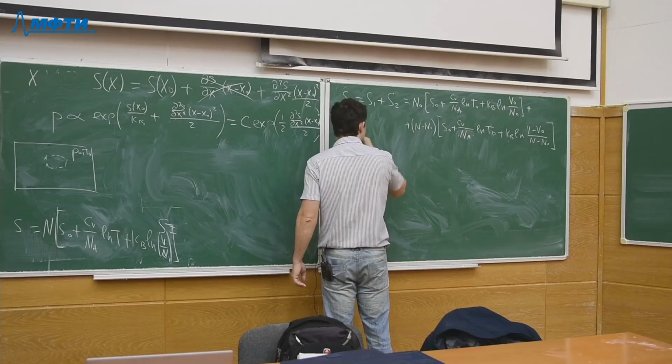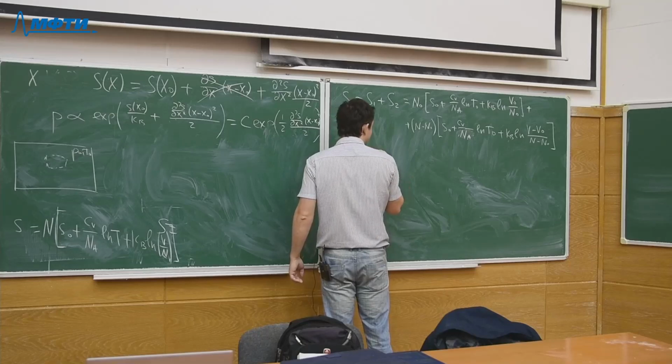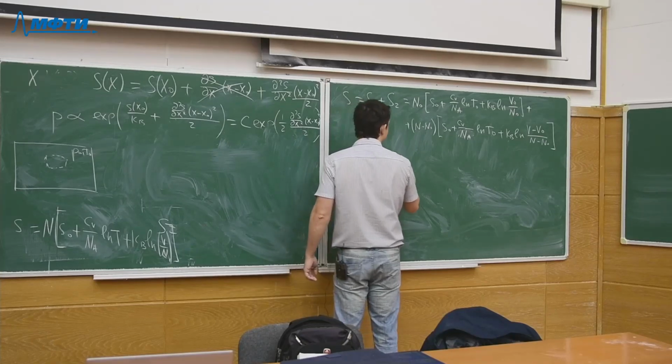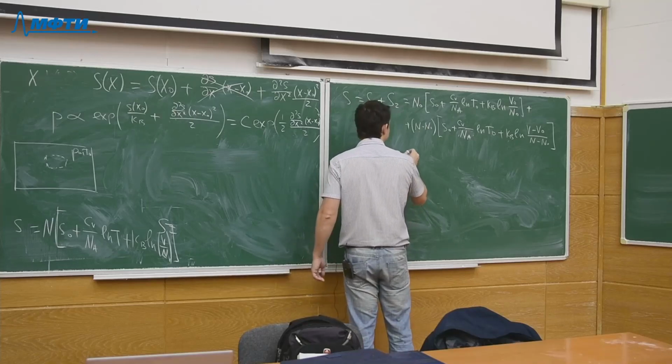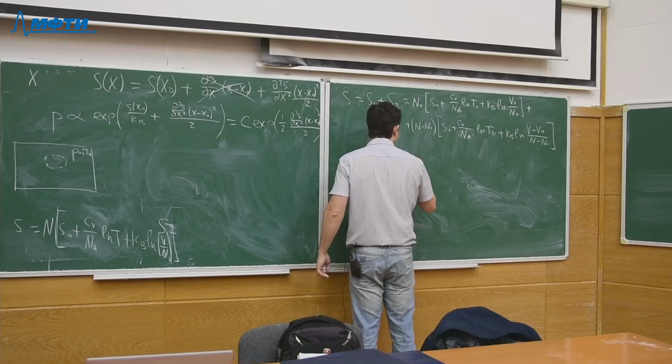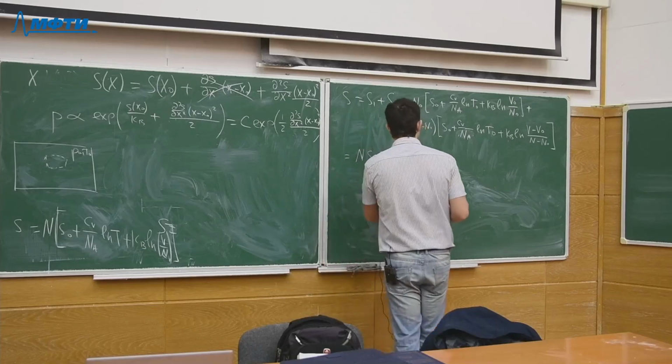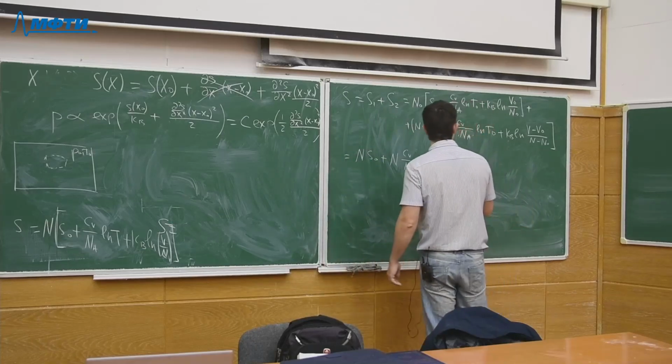That is, okay, that would be n times S0 plus n times Tv over n Avogadro logarithm T0, which is again a constant which can be discarded.